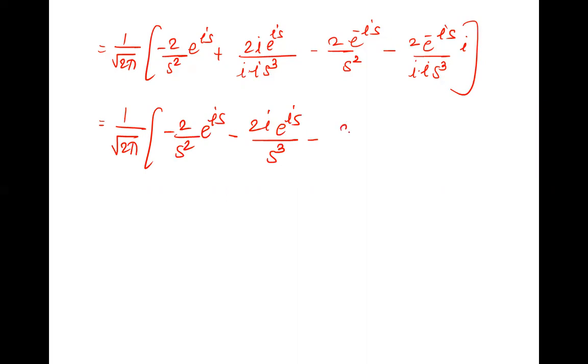Then minus 2 by s square e raised to minus is. And here it is minus 2i e raised to minus is upon i square. I square is -1, so this becomes plus, upon s cube. Check once. Is everything okay?